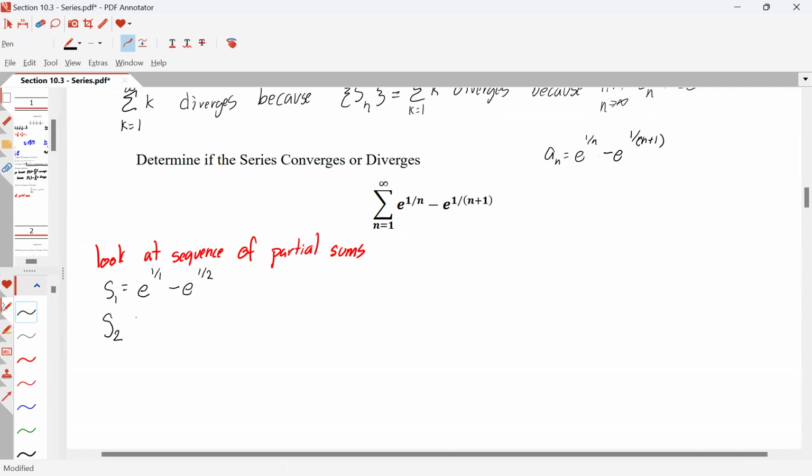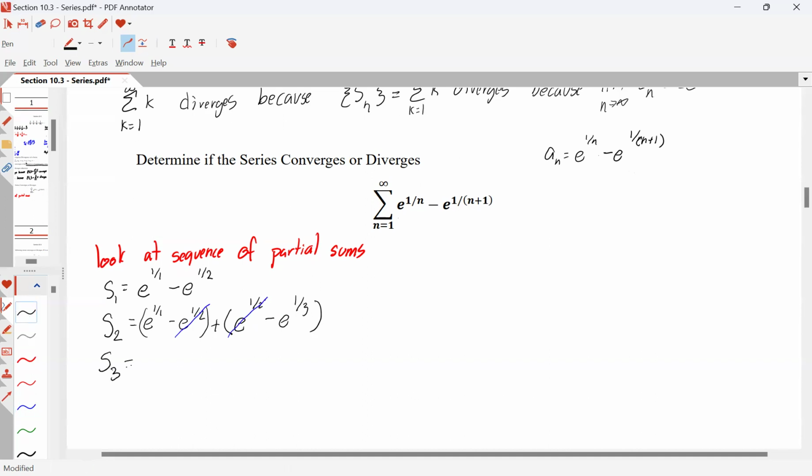S sub 2 is adding that s sub 1 plus the next term. So the next term would be plugging 2 into this sequence, which is e to the 1 over 2 minus e to the 1 over 3. If you notice, these e to the 1/2 cancel.